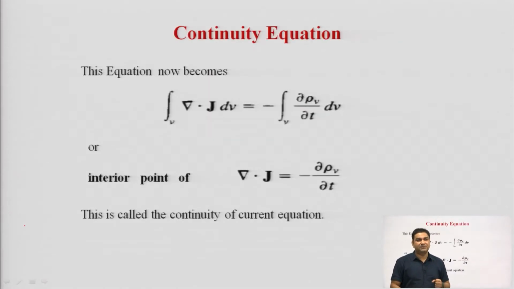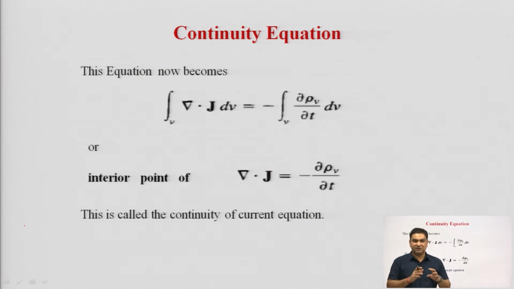Now, by using the divergence theorem, we define this as the volume integral of del dot J dV equal to minus the volume integral of del rho_v upon del t dV.